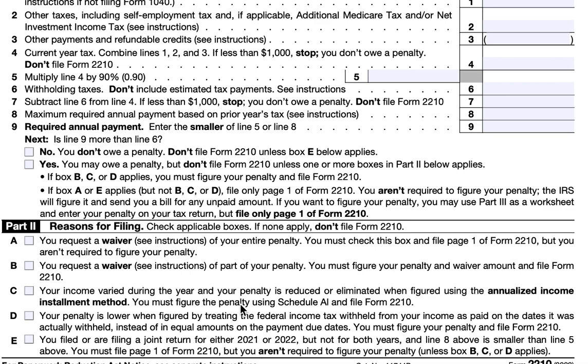Or box D: your penalty is lower when figured by treating the income tax withheld as if it were paid on the dates that it was actually withheld, instead of in equal amounts on the due dates.